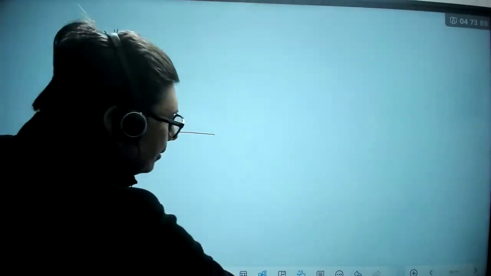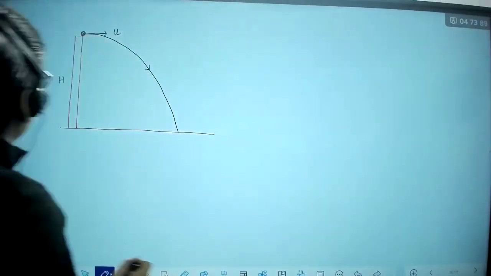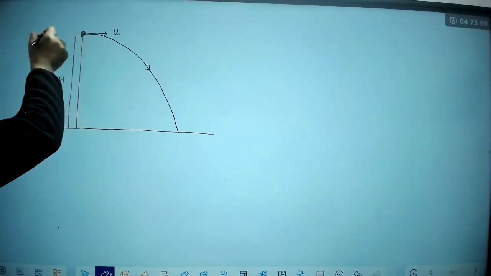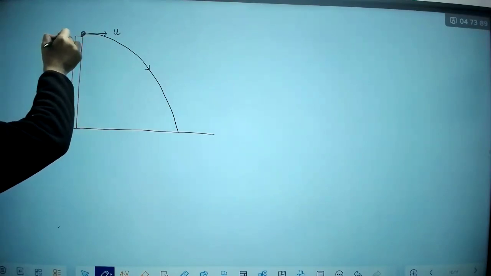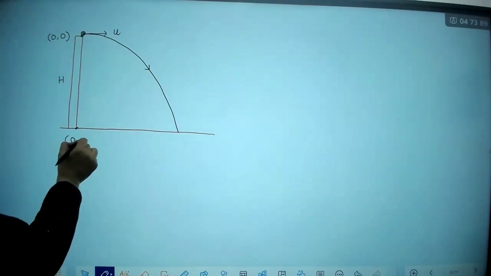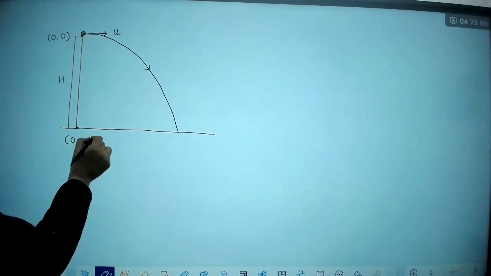You can consider this point as the origin 0, 0. Then this point will be 0 and minus h.